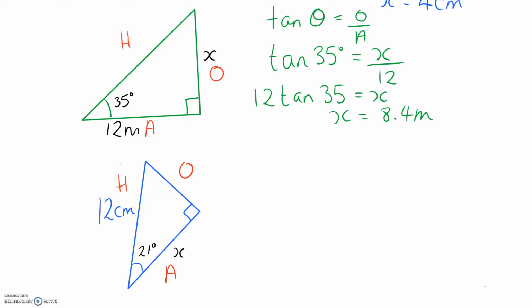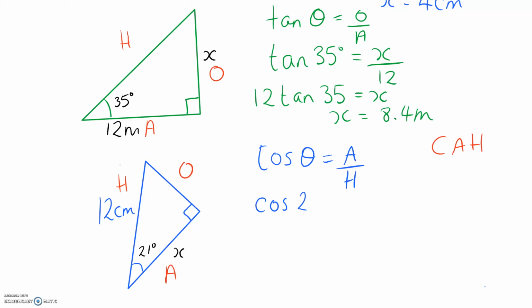Second step, decide the two we've got information about. We've got adjacent and hypotenuse, which is CAH in SOHCAHTOA. Next we're going to write our formula. Cos theta equals adjacent over hypotenuse. Substitute values.